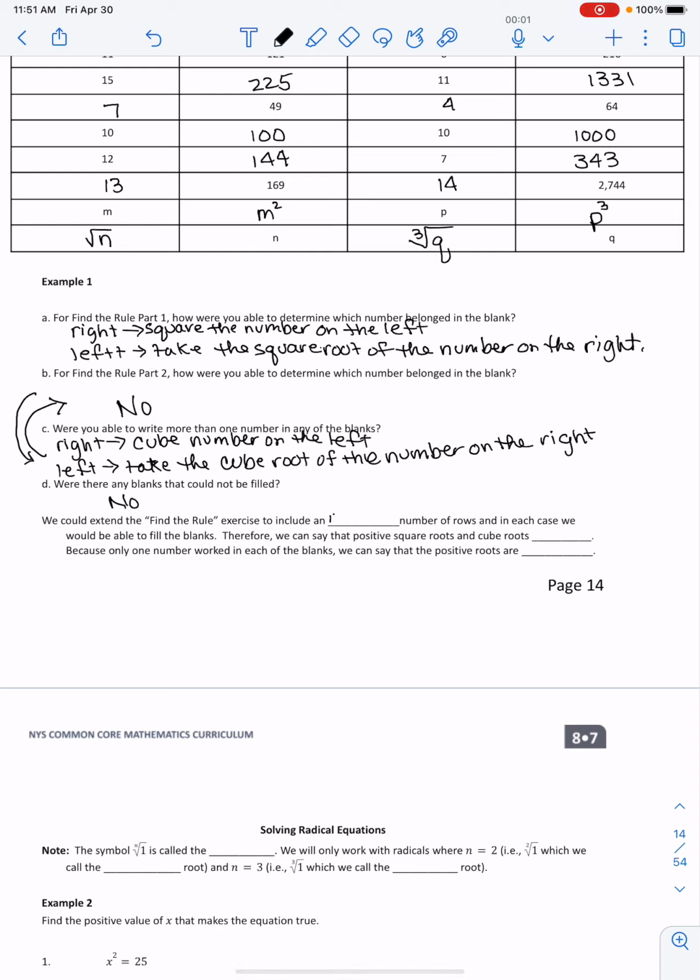Therefore, we can say that the positive square roots and cube roots exist because only one number worked in each of the blanks. We can say that the positive roots are unique.